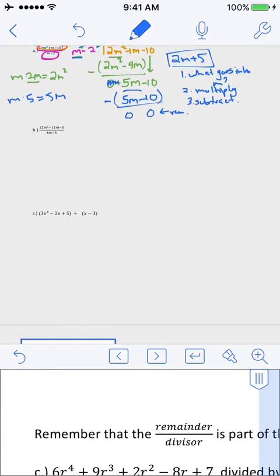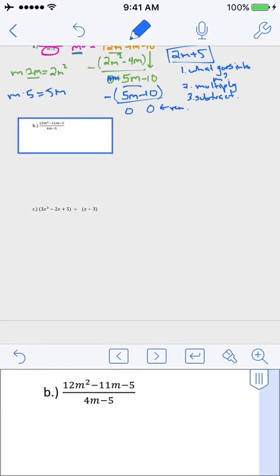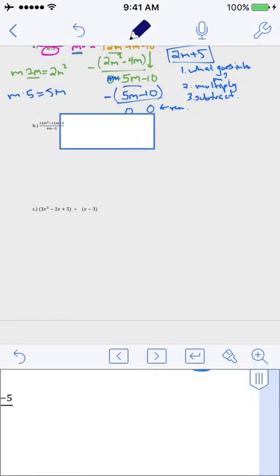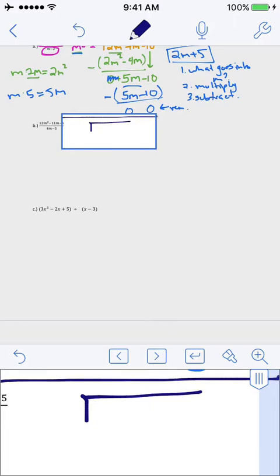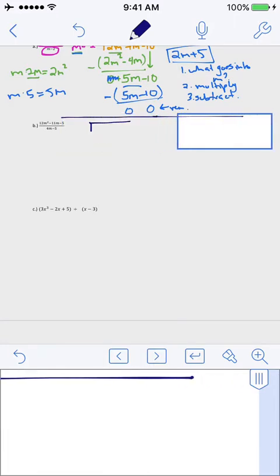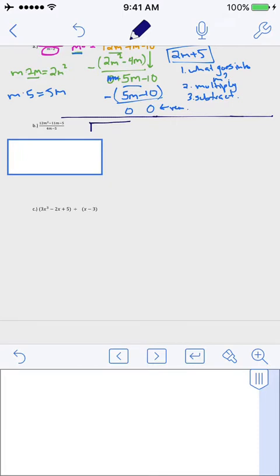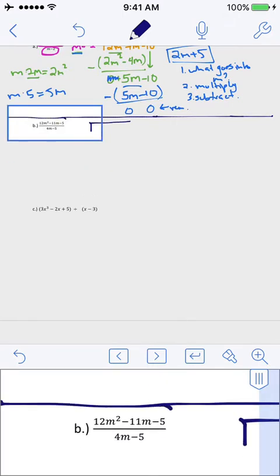Let's try it again. So we've got this trinomial up top. That will be what goes underneath. I'm going to kind of section off this so that we know we're dealing with another problem. Okay, cool.